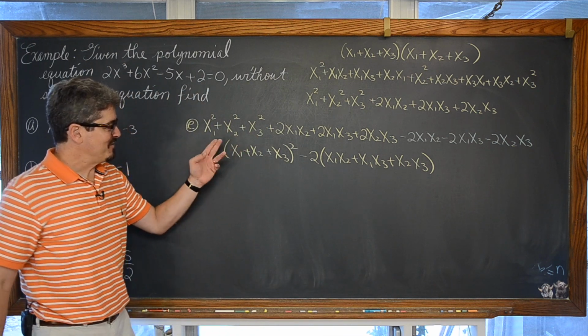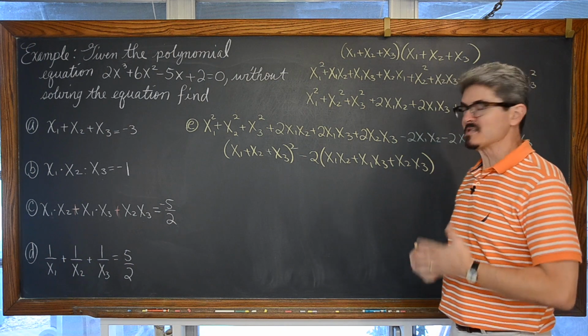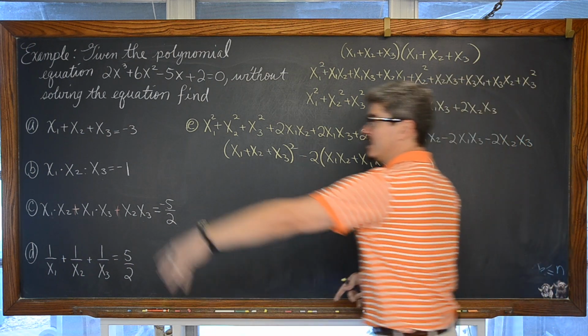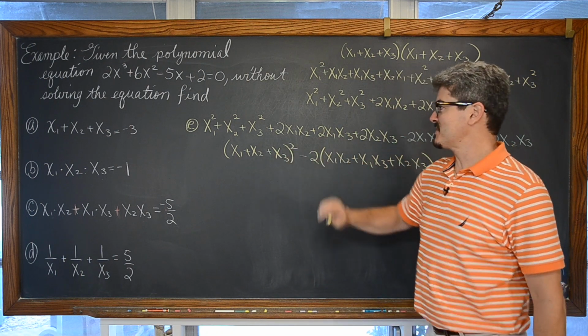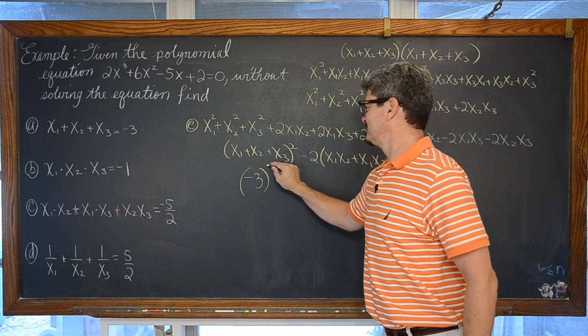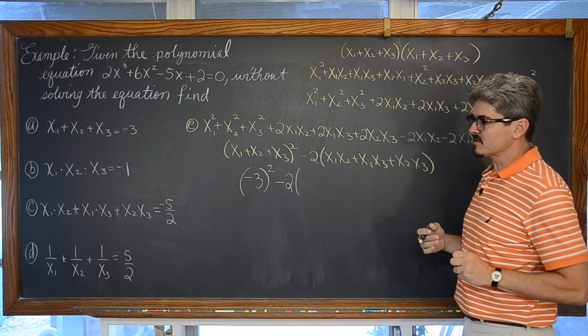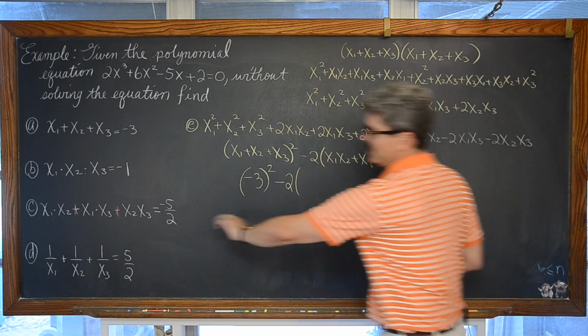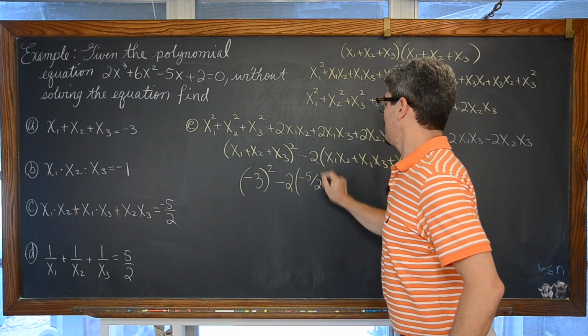Hey, look at here. We've actually got an expression now that's asking for values that we already know. It's like I knew that was going to happen while I gave us parts A, B, C, and D. So the sum of our roots is going to be negative 3 squared, minus 2 times this combination of sum and products, which came out to be previously an answer of negative 5 over 2.